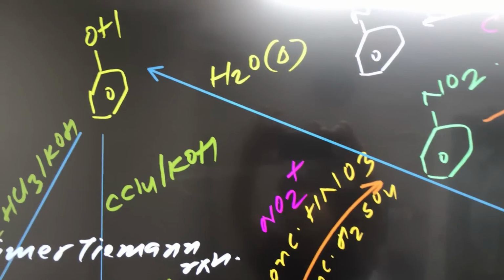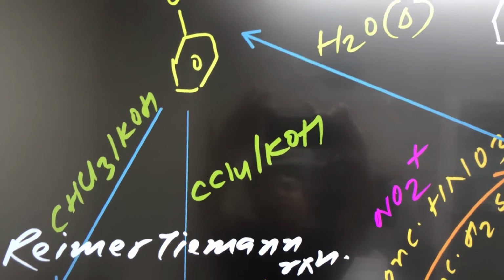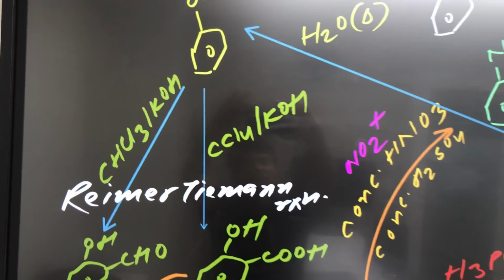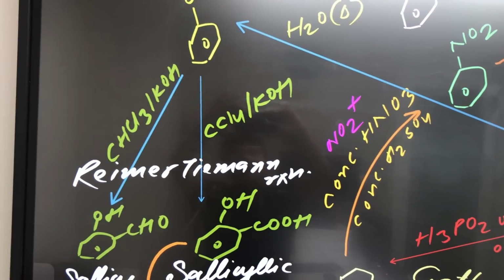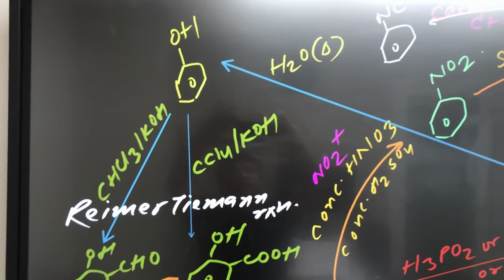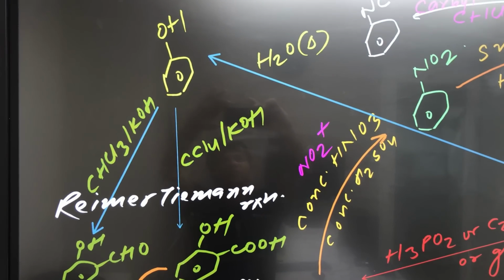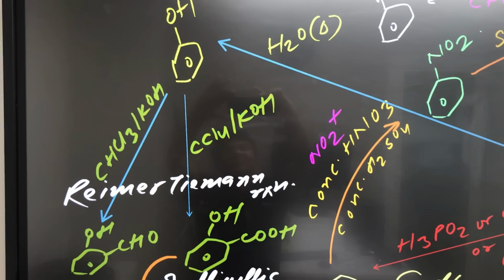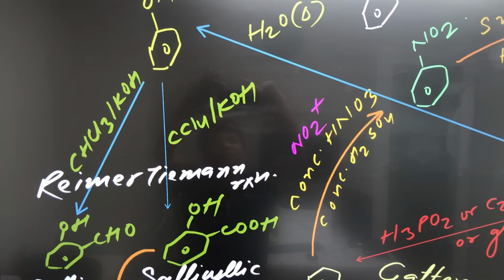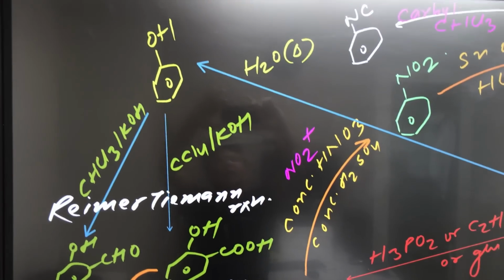Now the boss, phenol. Phenol says, I could show the Reimer-Tiemann reaction if I get the help of my friends. Who are the friends? Chloroform and KOH, carbon tetrachloride and KOH.